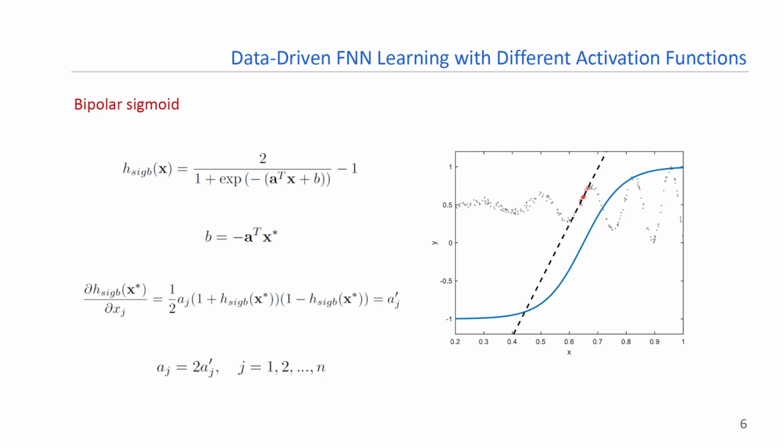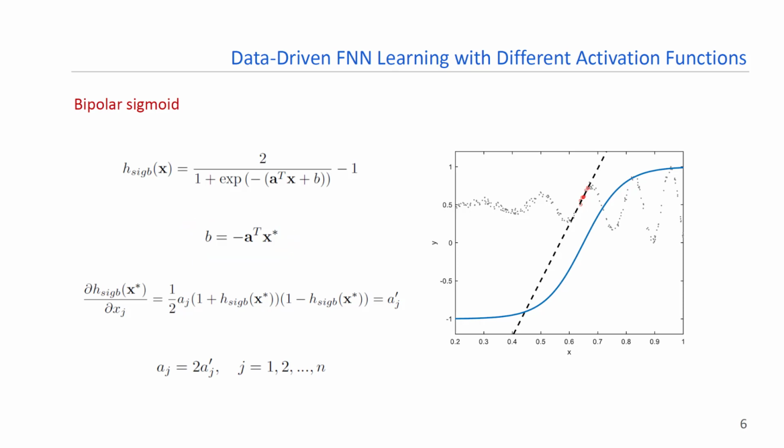The data-driven method places the sigmoid in the input space in such a way that one of its inflection points is in the randomly selected training point x asterisk. The bipolar sigmoid value at the inflection point is 0. So, equating the sigmoid equation to 0, we get the formula for B, which is the same as for the unipolar sigmoid.